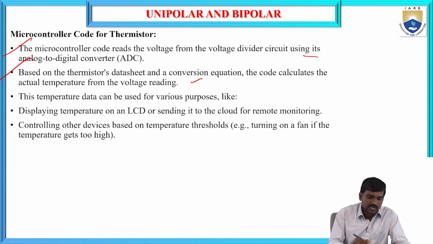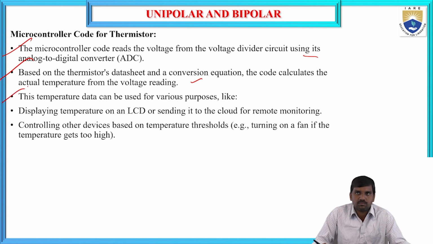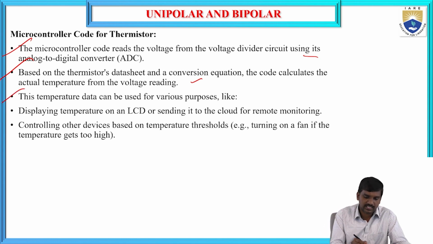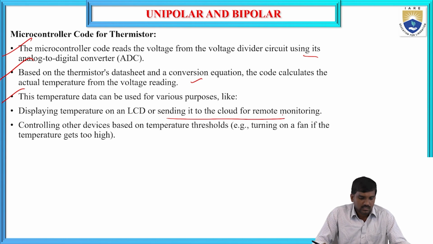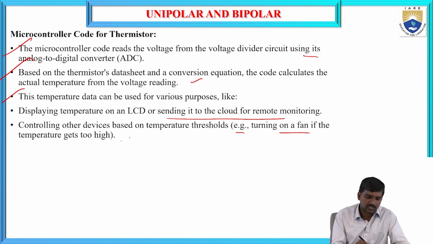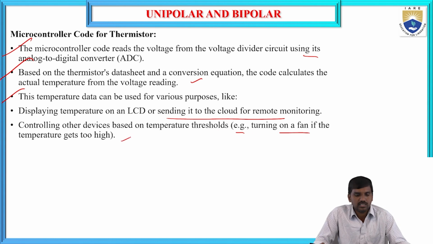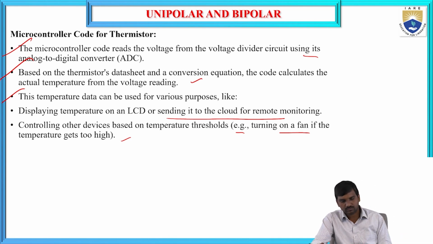Next one, this temperature data can be used for various purposes like displaying temperature on an LCD or sending it to the cloud for remote monitoring. Controlling other devices based on temperature thresholds, for example, turning on a fan if the temperature gets too high. So this is how to write the code for the microcontroller for thermistor.